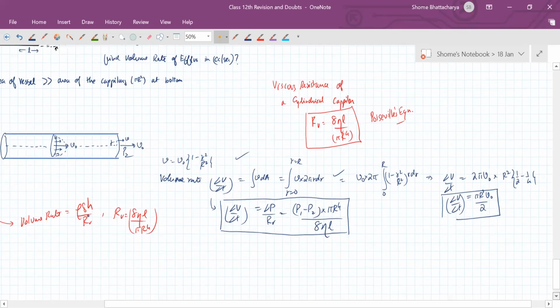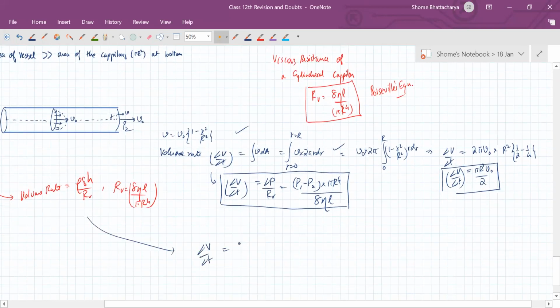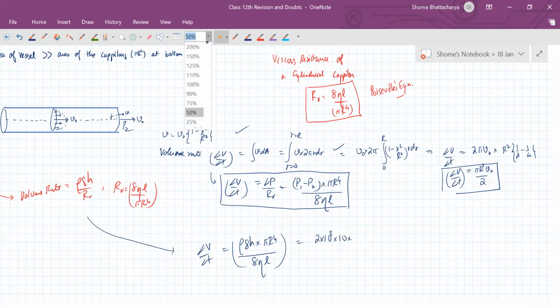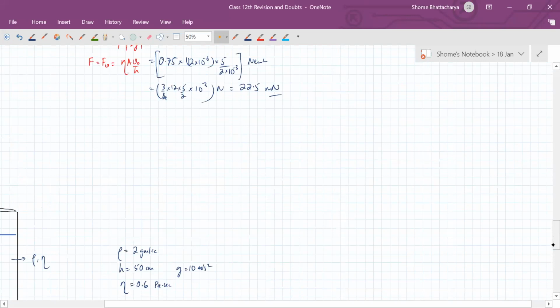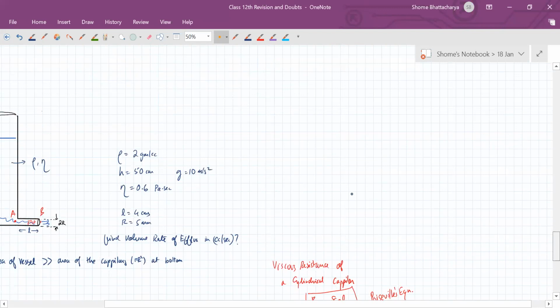So yeah, you will get the V naught by the volume rate, substituting the values. Centimeters, 2 gram per cc, 0.6.